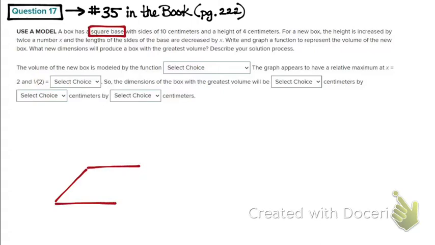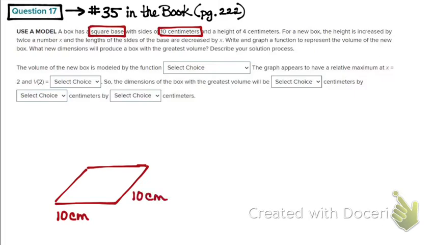My art skills are only so good, so please don't hate me. Do we know how big those sides are of that square? Yes. How big are they? 10 centimeters, and because it's a square, that means both sides are going to be 10 centimeters, right?